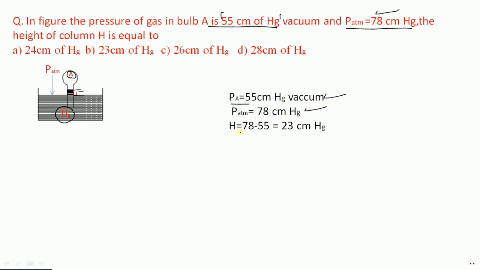So here we want the pressure difference, that is nothing but a height difference. Therefore, 78 minus 55 is 23 centimeter. Therefore, 23 centimeter of Hg, option B is correct option.